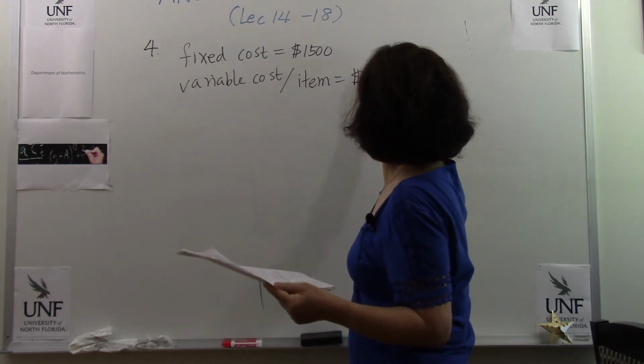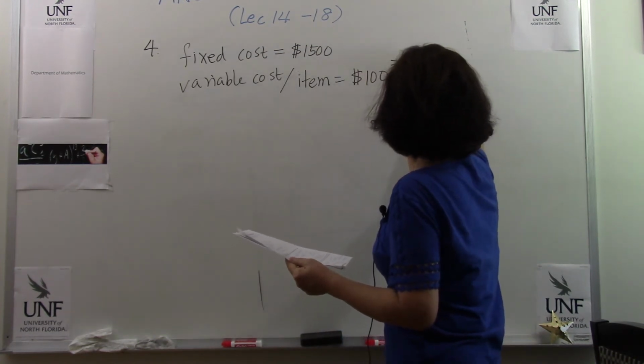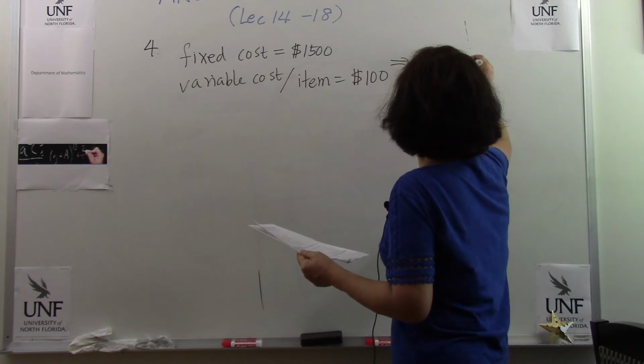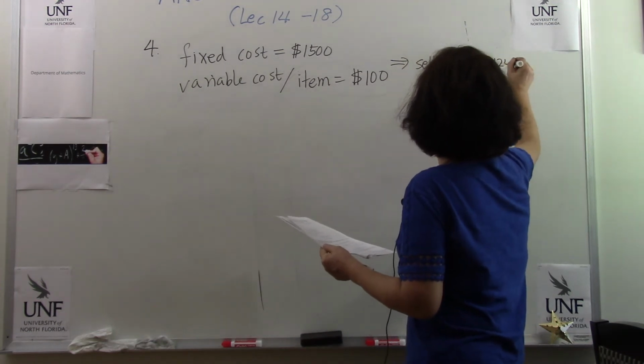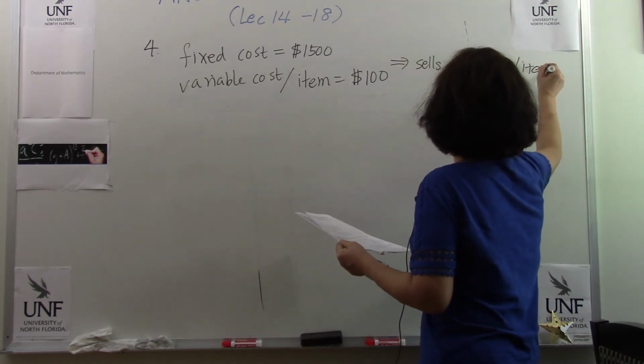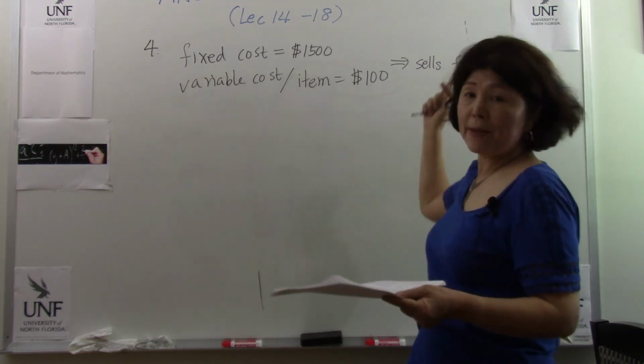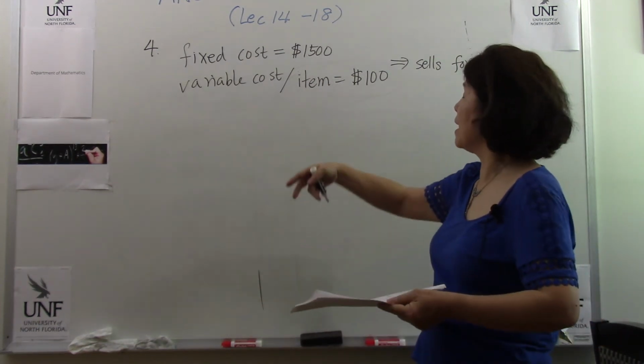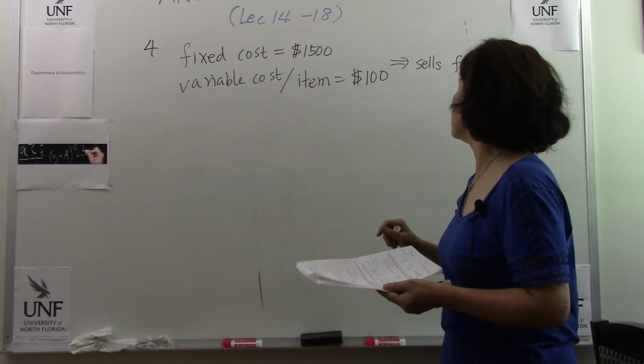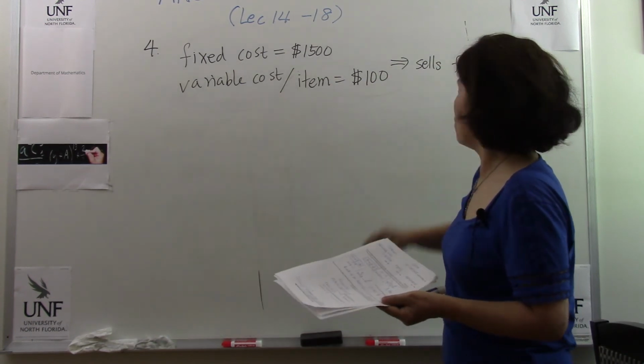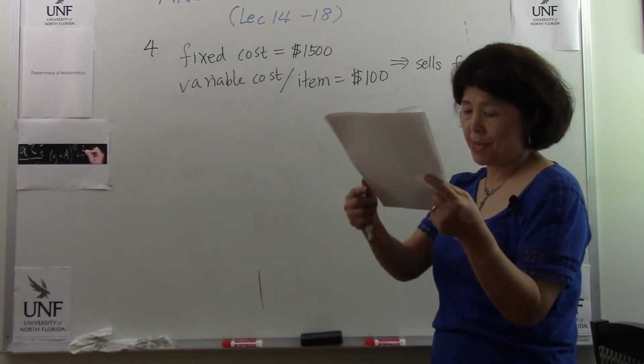And once you make this one, it sells for $125 per item. So do you get the concept? Yes, we have to spend the money to produce things, and then we are going to sell it for $125 a piece.